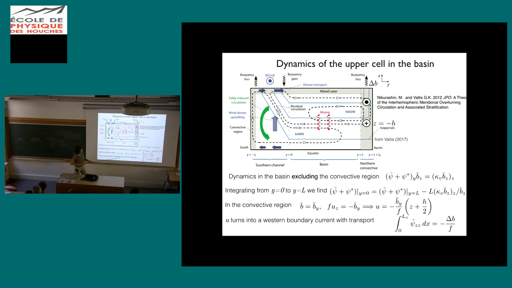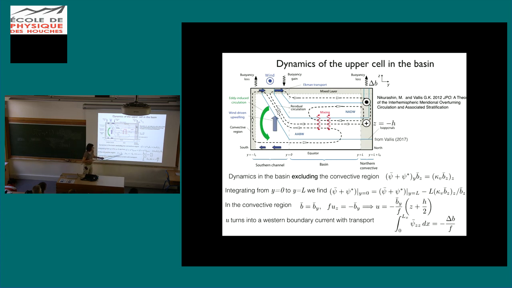Now, in the convective region, we make exactly the opposite assumption: that B bar is only a function of y and not a function of z. Okay, so these are completely vertical, and because we know them at the surface, that means we know them everywhere.